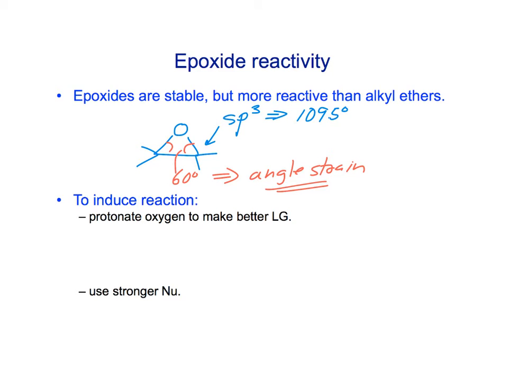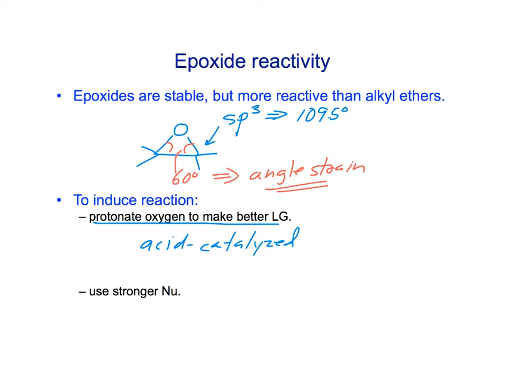Epoxides can be induced to snap open in two different ways. One is to protonate the oxygen to make that oxygen a better leaving group. This is the same strategy that we have used for alcohols. These are acid-catalyzed reactions then.